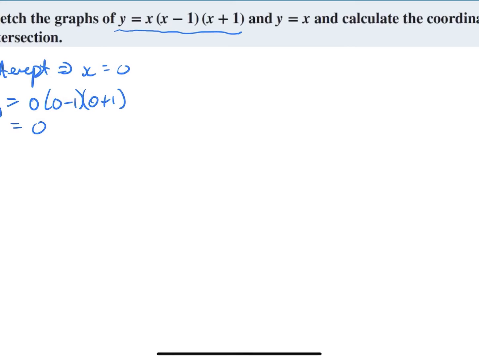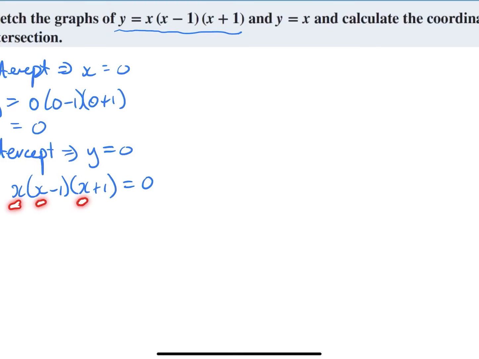My x-intercept is where y equals 0. If y is 0, then it means x times (x minus 1) times (x plus 1) equals 0. Three different answers. x is 0, x is 1, or x is negative 1.